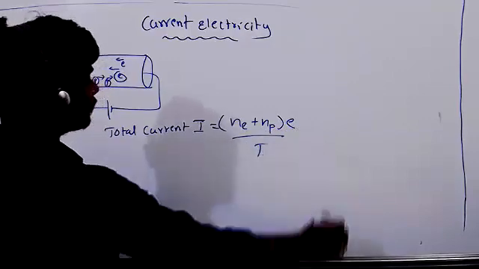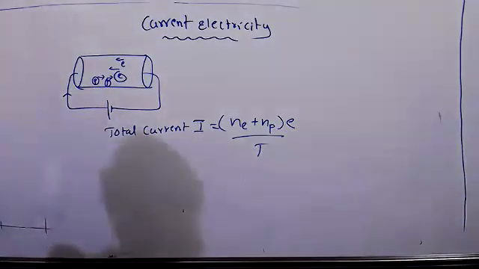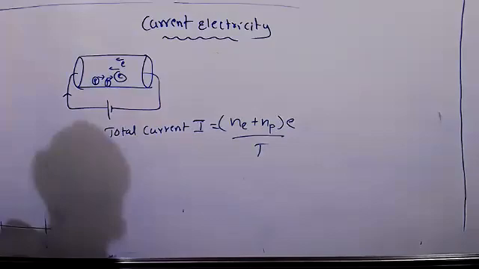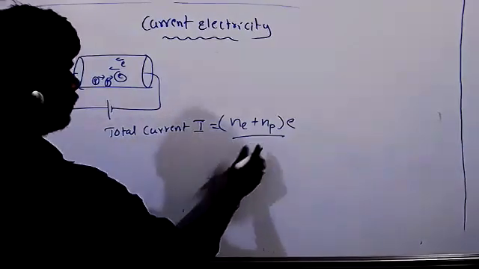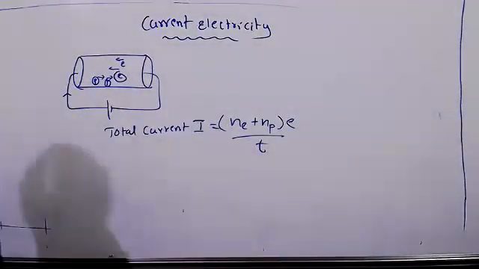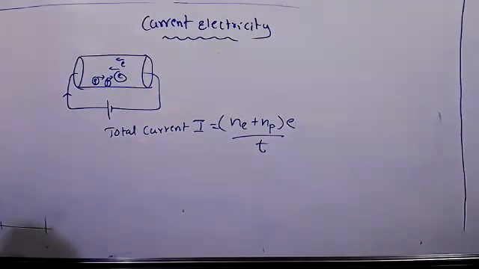Did you remember that formula? It is the total current in the conductor. We did 1 or 2 sums also, right?